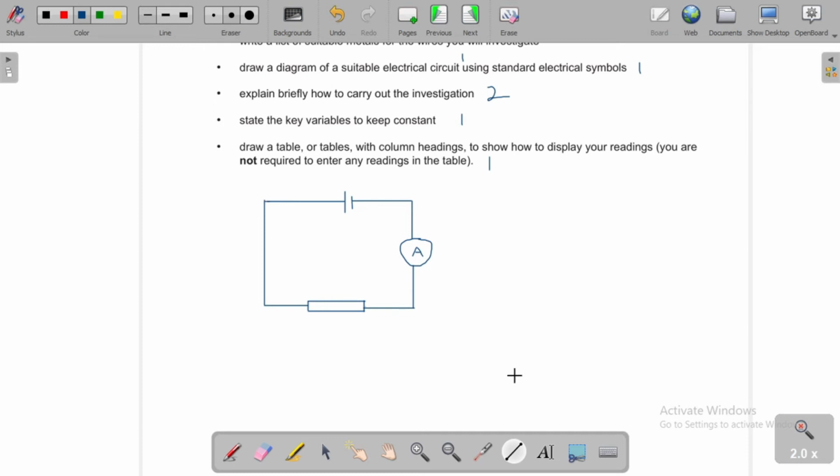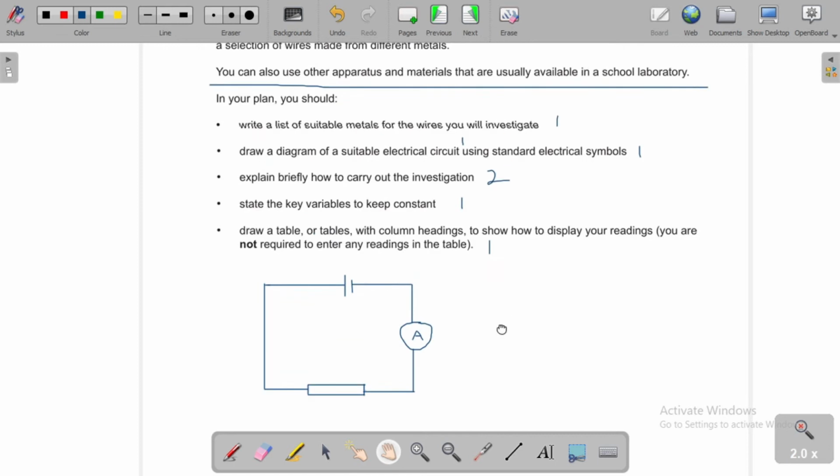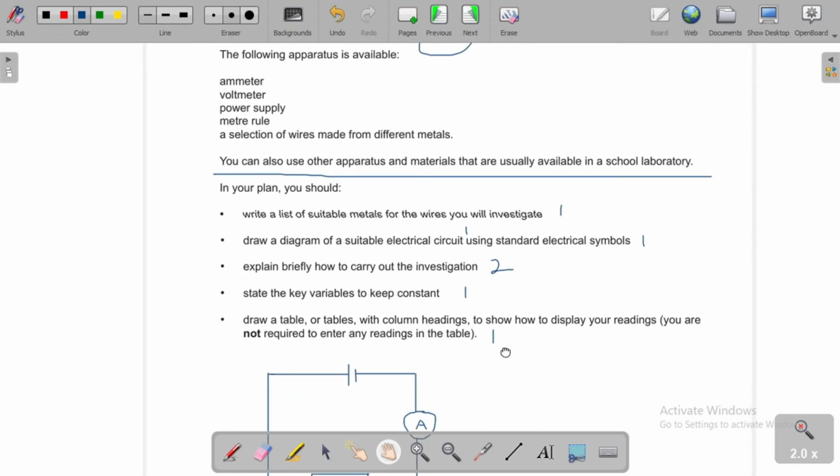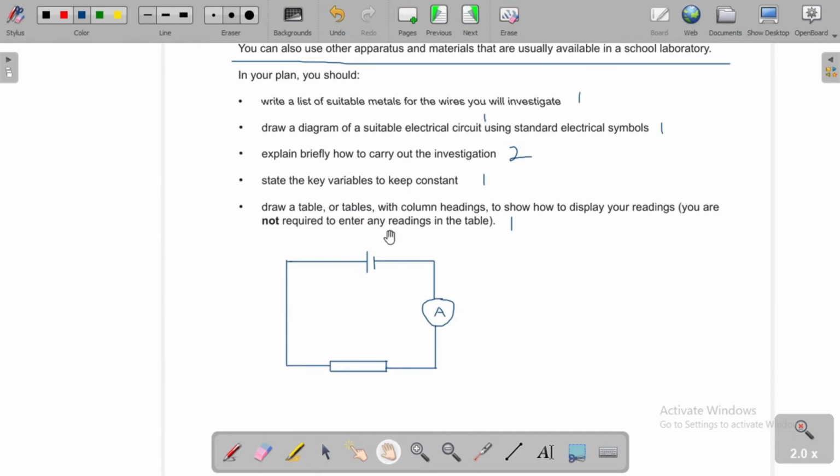Okay, this is my circuit. In the question we have voltmeter, ammeter, power supply, meter rule. This is our power supply, the cell. This is the ammeter. This is the wire. Let me label this wire. That's the wire that we're measuring the resistance of.